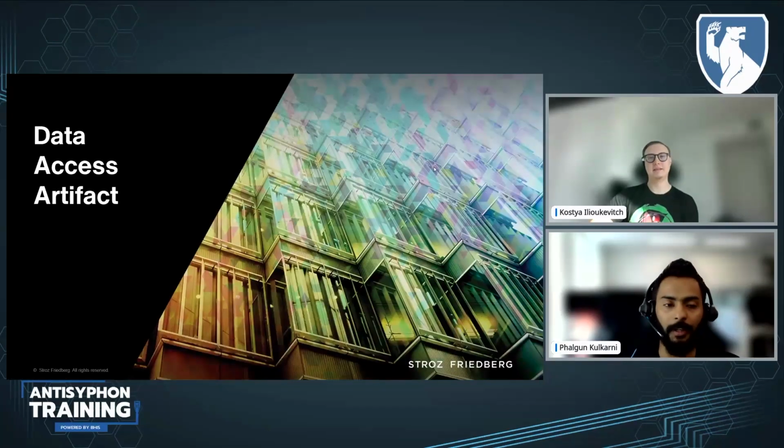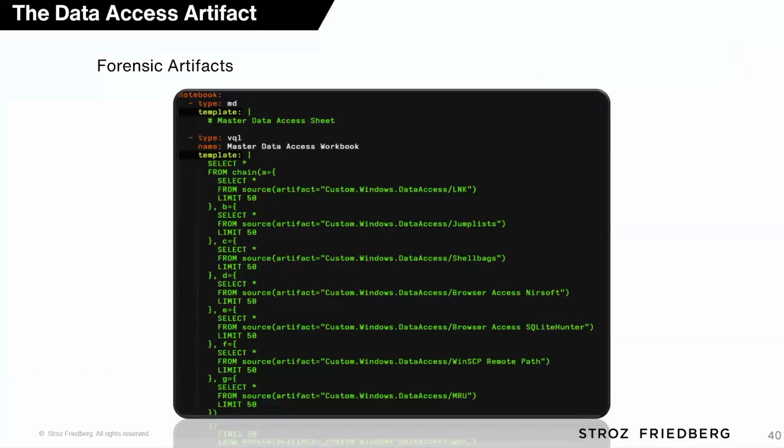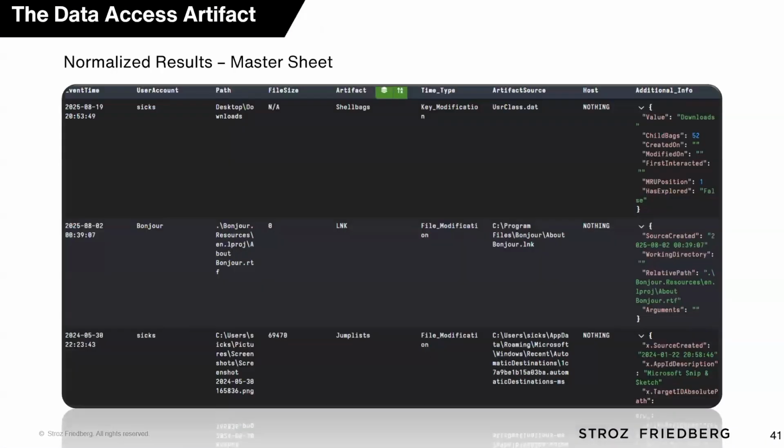All right, thanks, Kostya. Now let's quickly take a look at how a data access artifact would look. It's very similar in terms of structure to the LM artifact. Like the LM artifact showcased, we have our master sheet, including results from all the artifacts that we are parsing for data access.